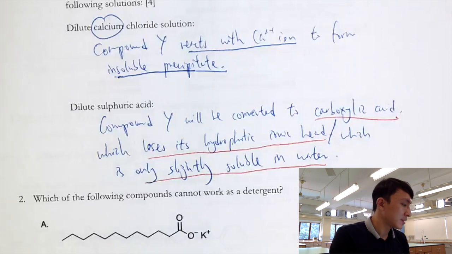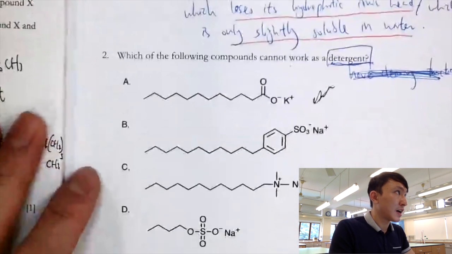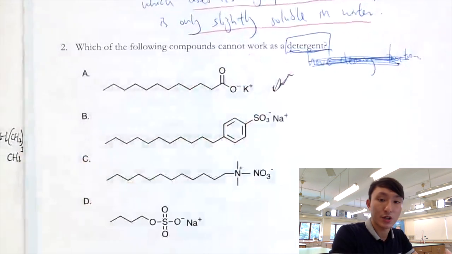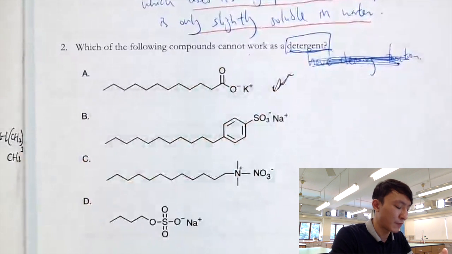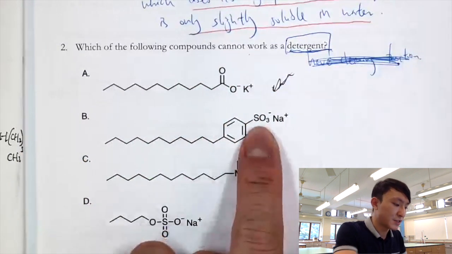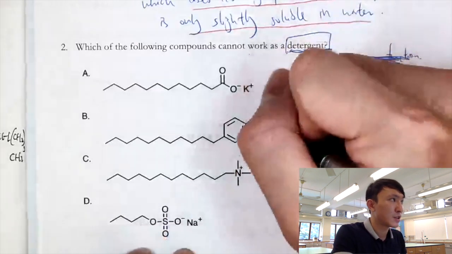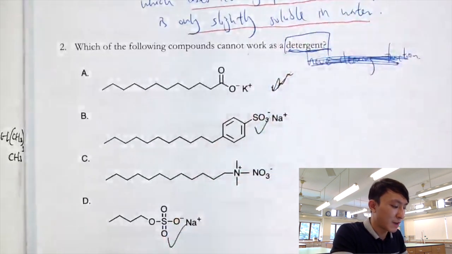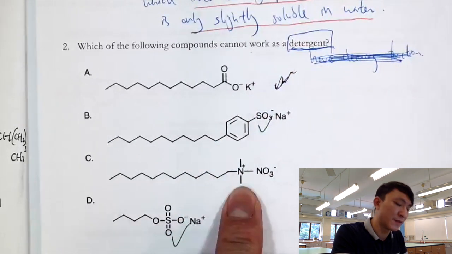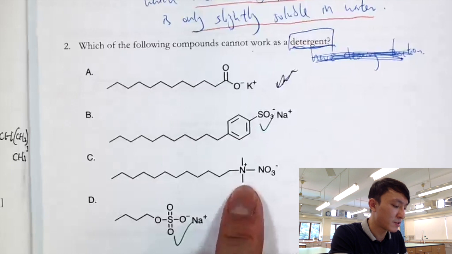All right. Now for the last question, which of the following compounds cannot work as a detergent? For detergent you need to know it should have a sulfate anion head. So this one and this one should do the job. And for this one, it is not a sulfate. It is a tertiary ammonium ion.